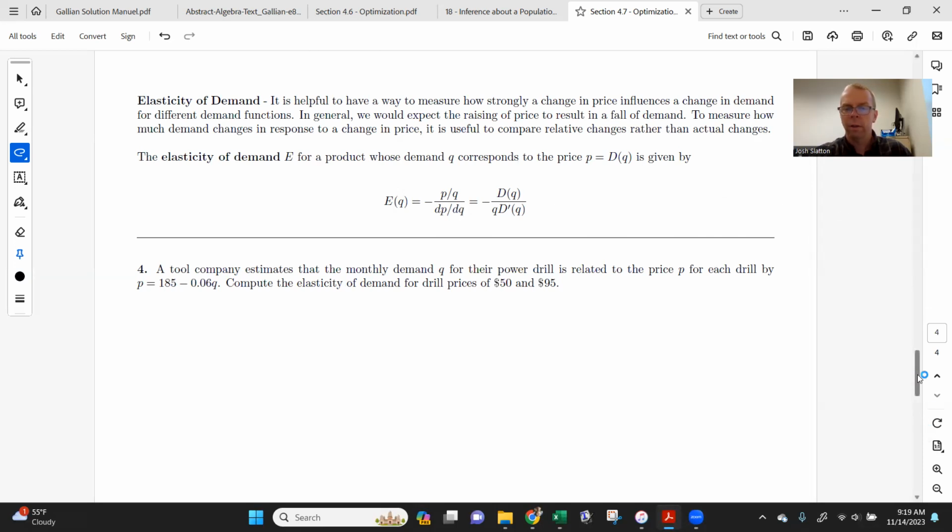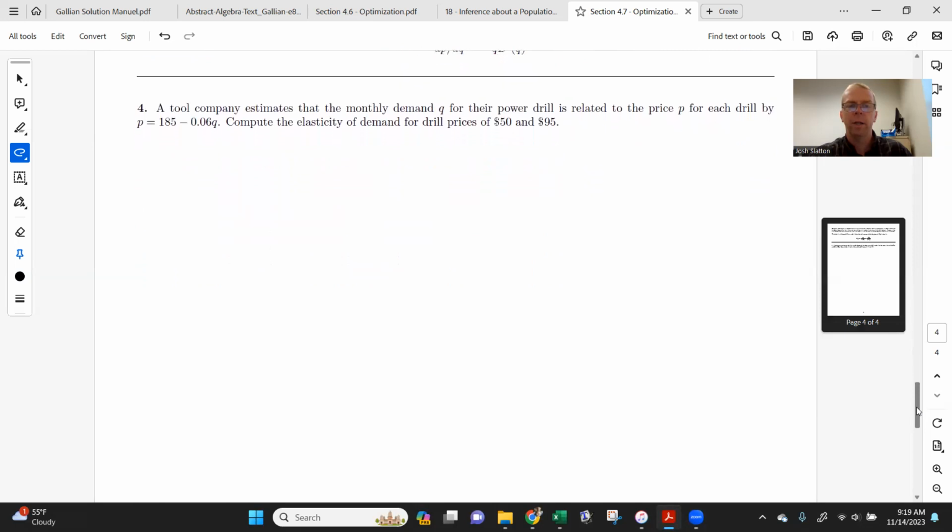So let's look at this example. A tool company estimates that the monthly demand for their power drill is related to the price, P, for each drill by P equals 185 minus 0.06Q. So we're going to compute the elasticity of demand for a price of $50. And then I'll give you the answer for the 95, and you can see if you can get it on your own.